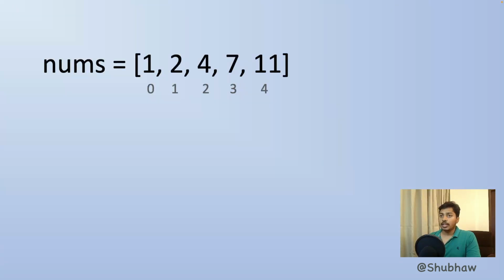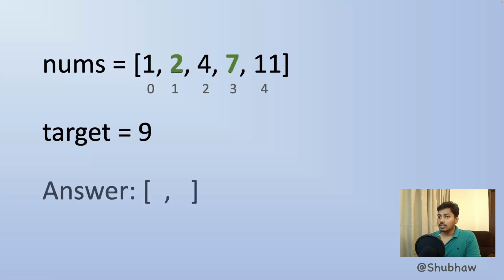Here we have taken an array nums which has 1, 2, 4, 7 and 11, and the target is 9. By looking at it we can see that our answer will be 2 and 7, right? But the answer which we need to give will be the indices, that is 1 and 3. So we will provide 1 and 3, and mind you, this can be in any order. 3 and 1 is also accepted.